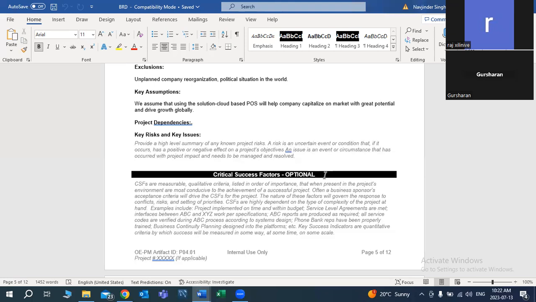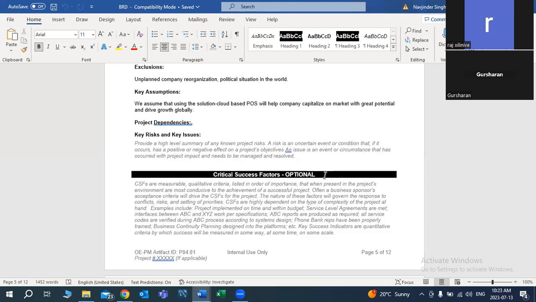The major is internet connection, and other than that, how to use the technology if there is a new employee. What could be the project dependency here?